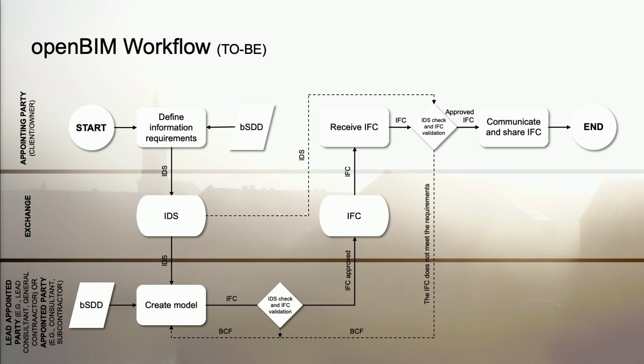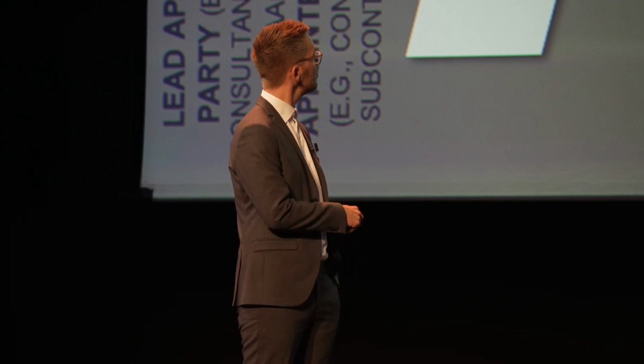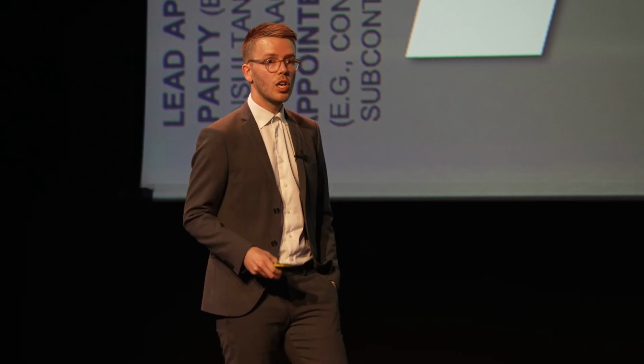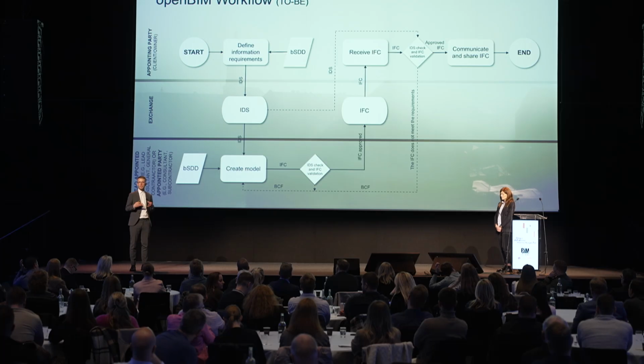Then Fehmarn sends the IDS file to the contractor, who can now use it, because the IDS file is telling which property sets, which properties, and which values the contractor has to generate within the model. Then the contractor has to make a check by using an IFC validation service to see if their IFC export is correct.